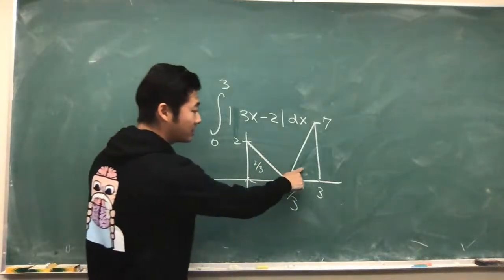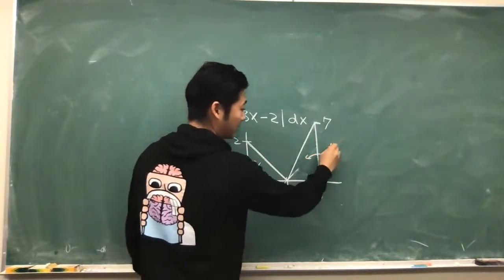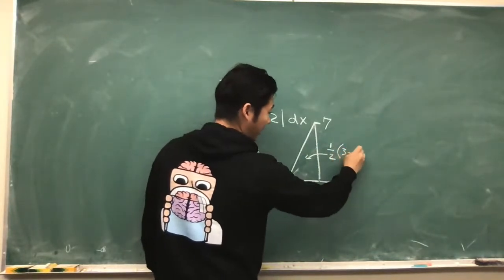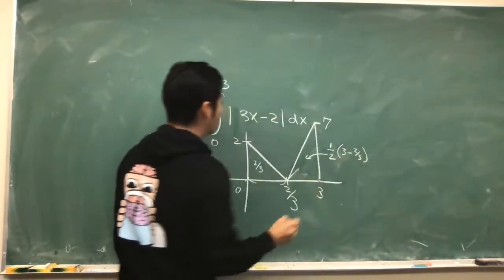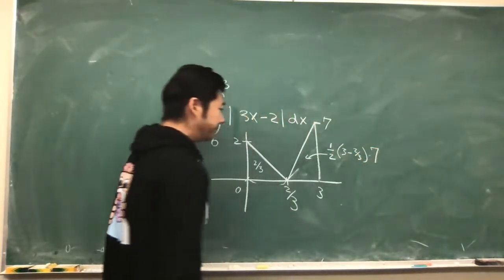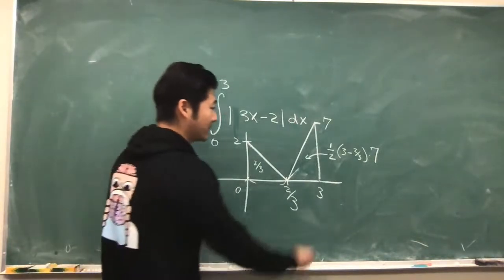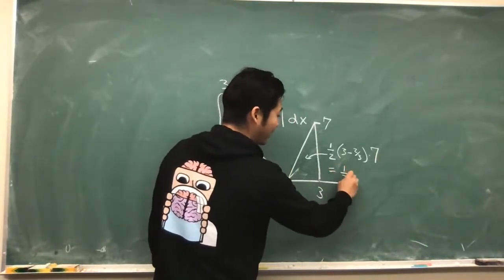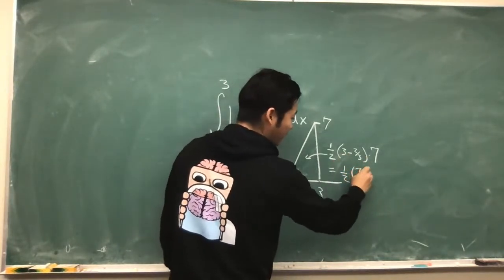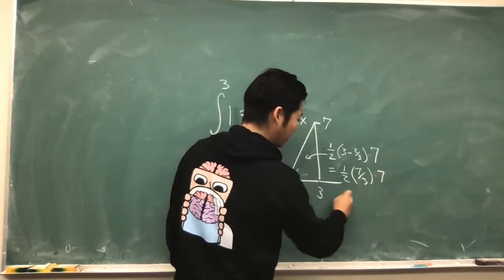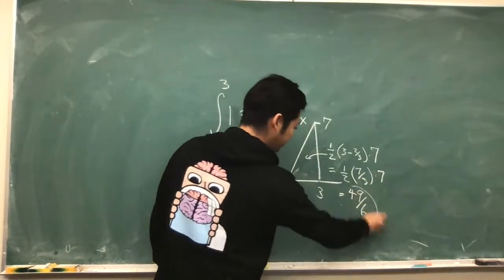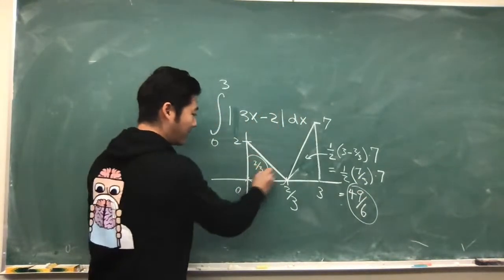The area of this triangle is going to be 1/2 times the base, 3 minus 2/3, which is 7 over 3, times the height, which is 7. So I guess 49 over 6. So it's 49 over 6 plus 2/3.